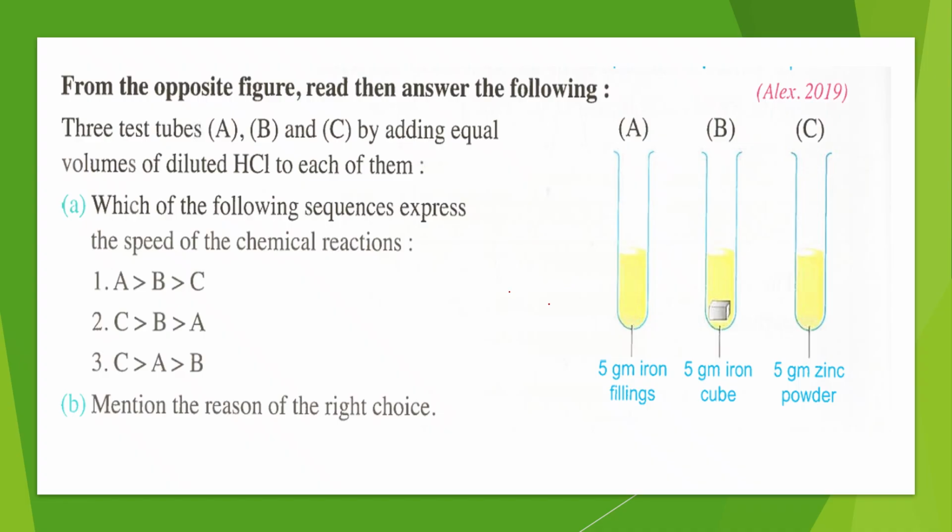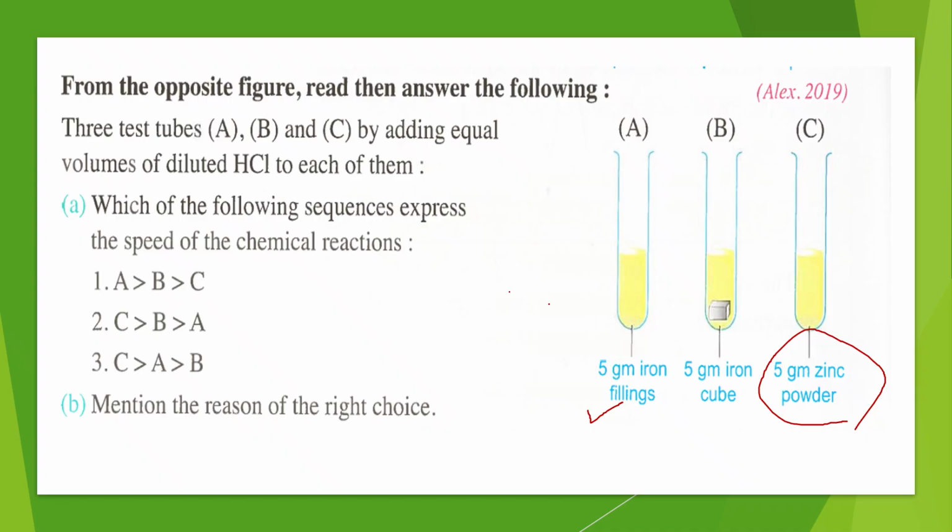Here, the most active one is zinc because it precedes iron in the CAS, the chemical activity series. What comes after zinc? The second metal here is iron. The iron is found as fillings and as a piece of iron or iron cube, which is more active, which is faster. For sure, iron fillings has more surface area exposed to the reaction.